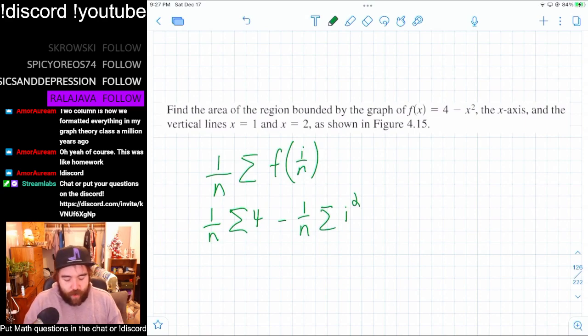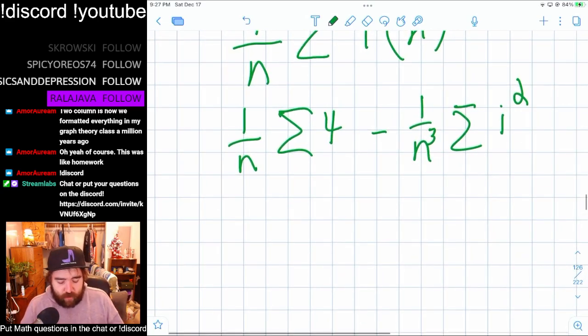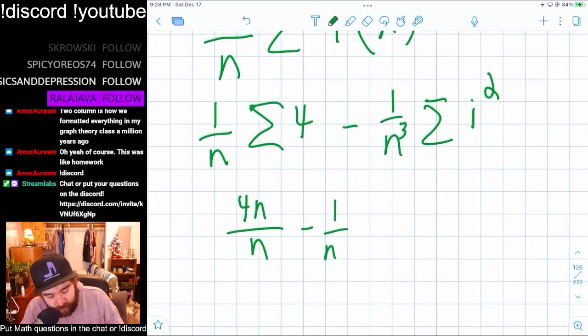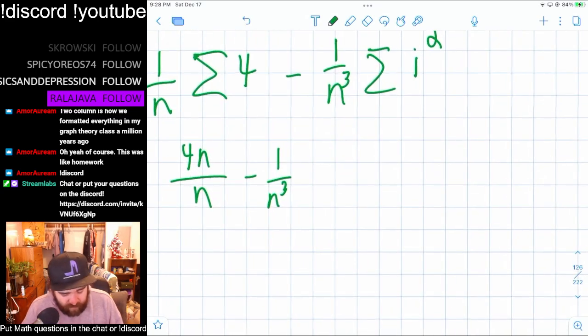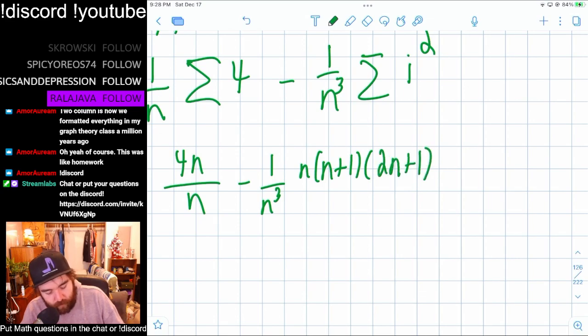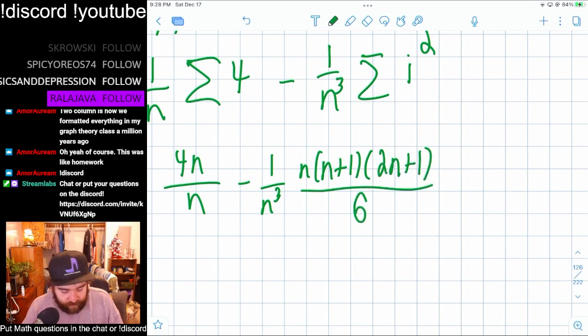So the over n squared, we're going to pull out to the outside and make that an n cubed. Okay. So then the first one, the formula is just 4n. So this is 4n times 1 over n minus this formula, which let's see, it was n plus 1, 2n plus 1 over 6.